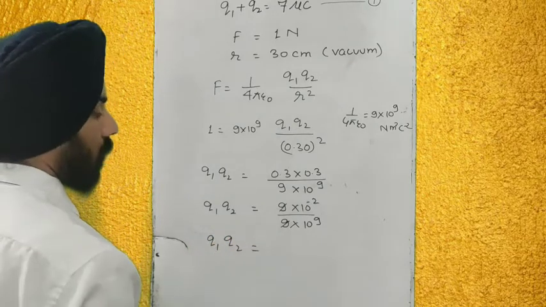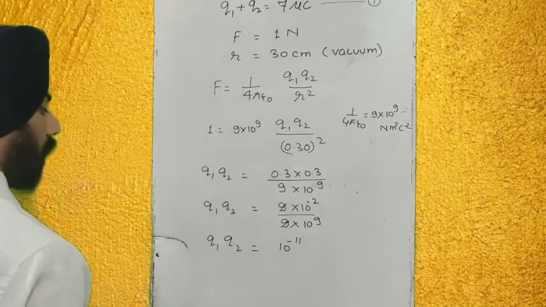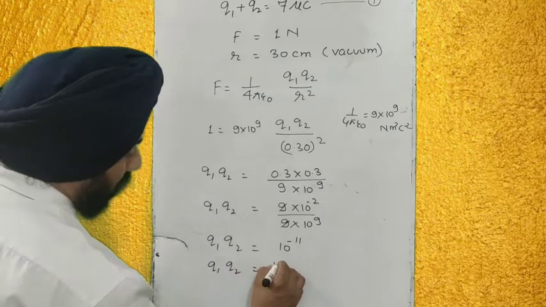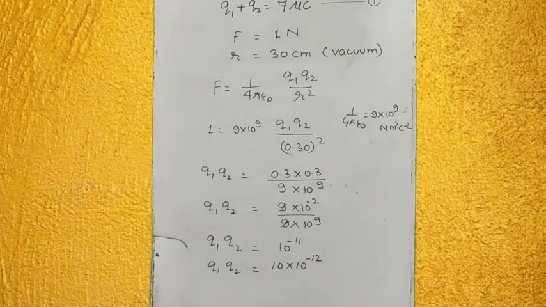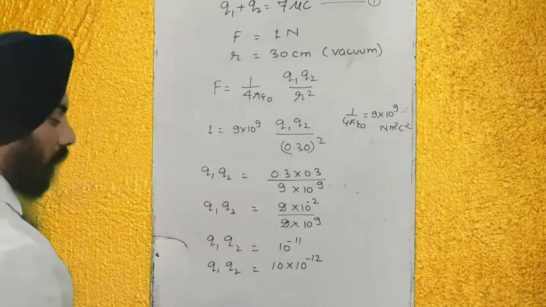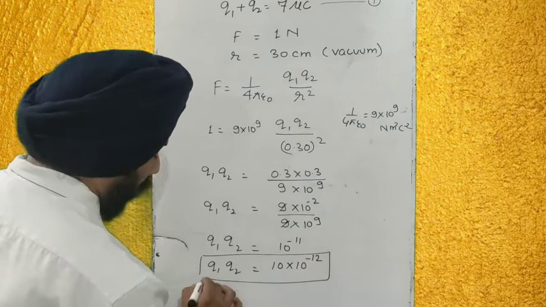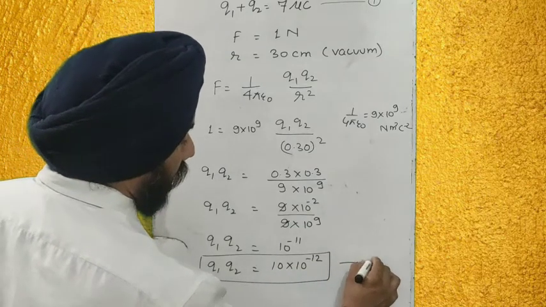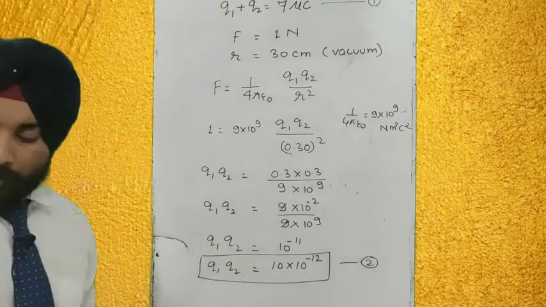Q1 into Q2 will be equal to 10 to the power -11, or we can write it as Q1 Q2 = 10 into 10 to the power minus 12. This is the product of Q1 Q2, consider it as equation number 2.